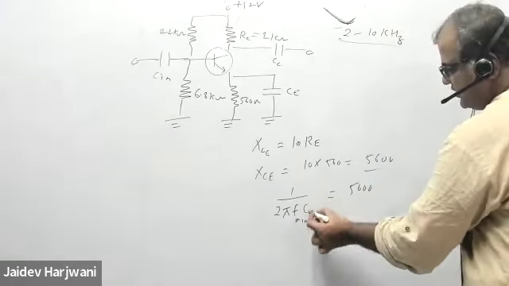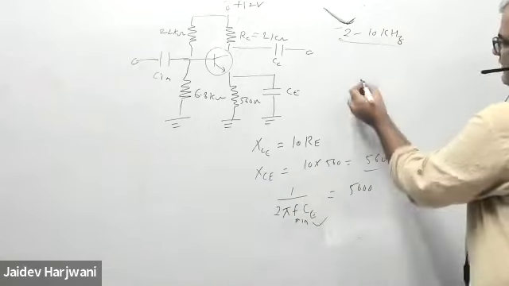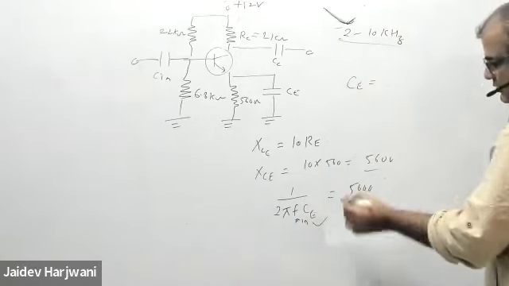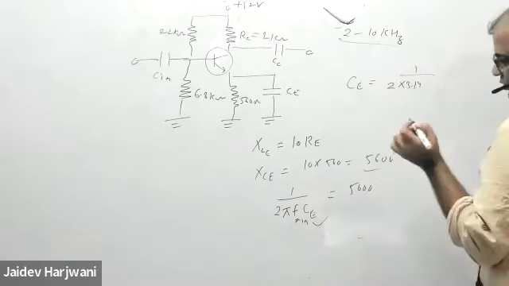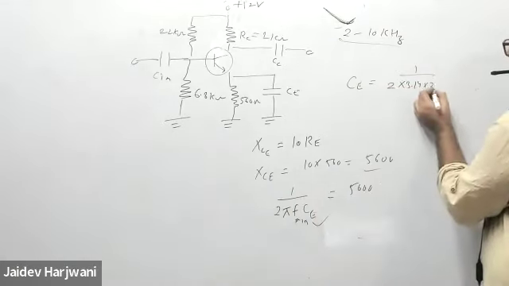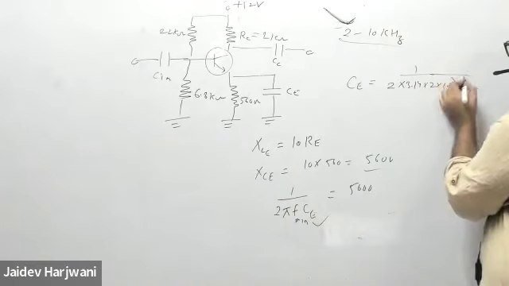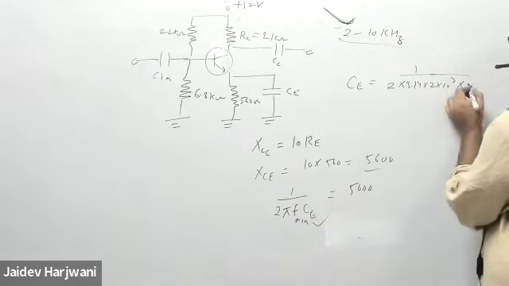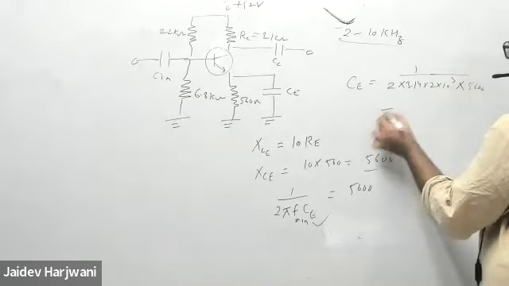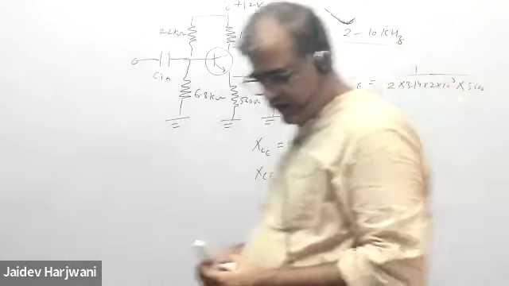So CE will be 1 upon 2 times 3.14 times F minimum, which is 2 kilohertz, times 5,600. Tell me what is the value of C?